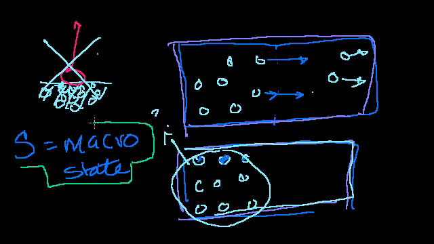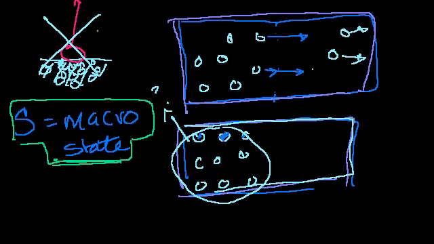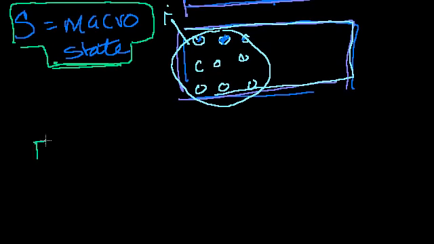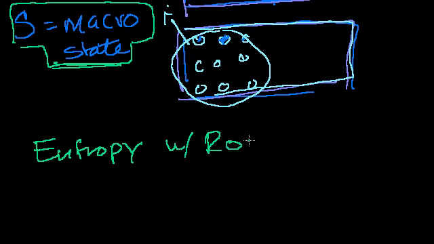When someone says that a dirty room has a higher entropy than a clean room, they're looking at the microstates. And entropy essentially is a macro state variable. You could just say that a room has a certain amount of entropy. So entropy is associated with the room, and it's only useful when you really don't know exactly what's going on in the room.